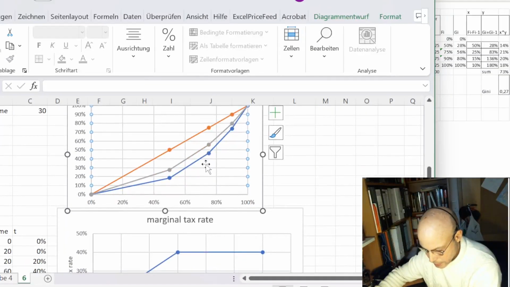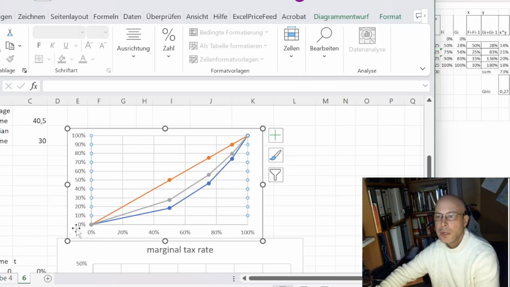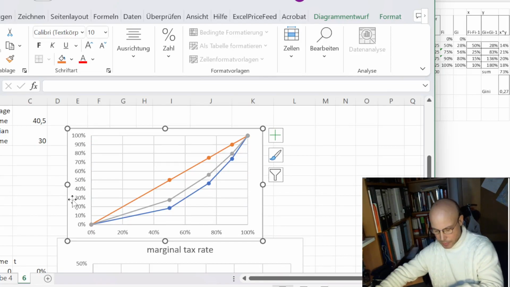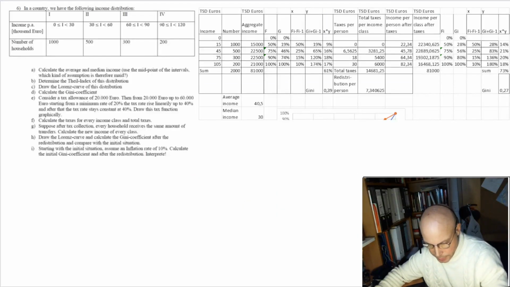And so we see here our Lorenz curve, that the gray one is moved just to our 45-degree line of the equal distribution. So let's put this also on our sheet here.